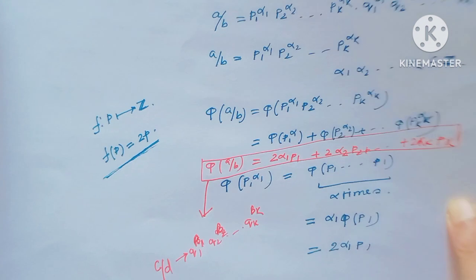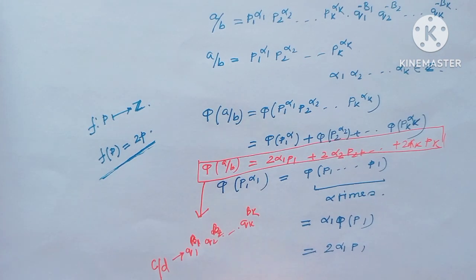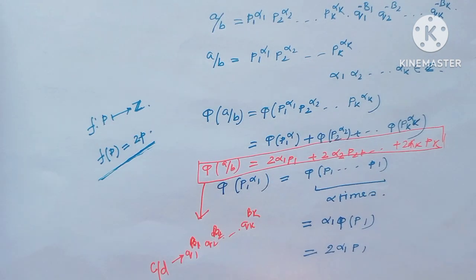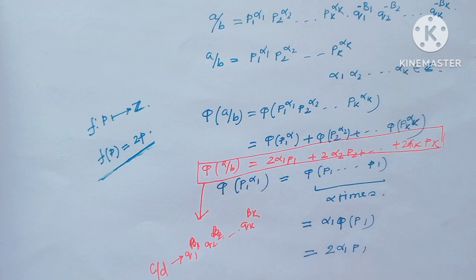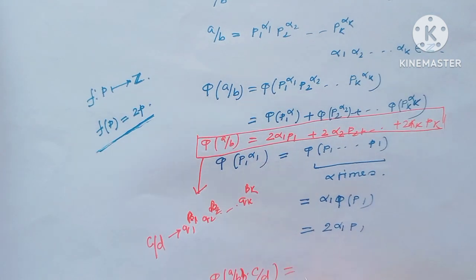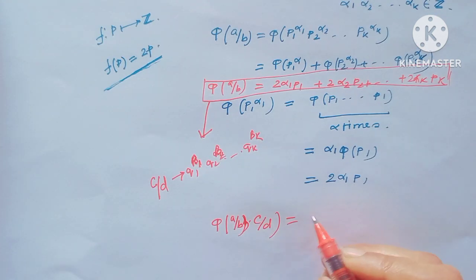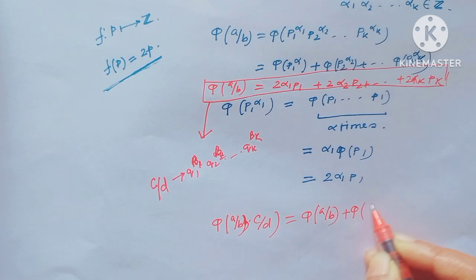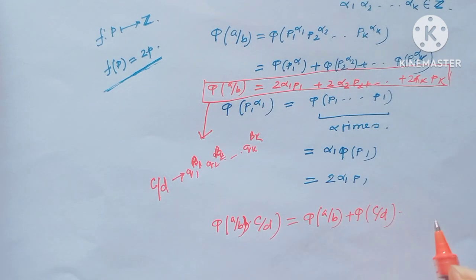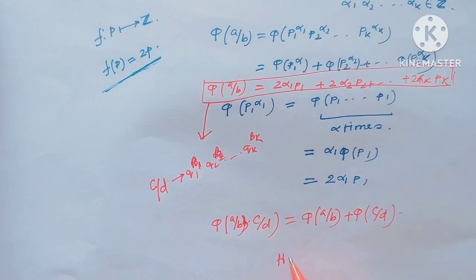Then phi of A over B times C over D, we can write this as phi of A over B plus phi of C over D. So obviously this is a homomorphism.